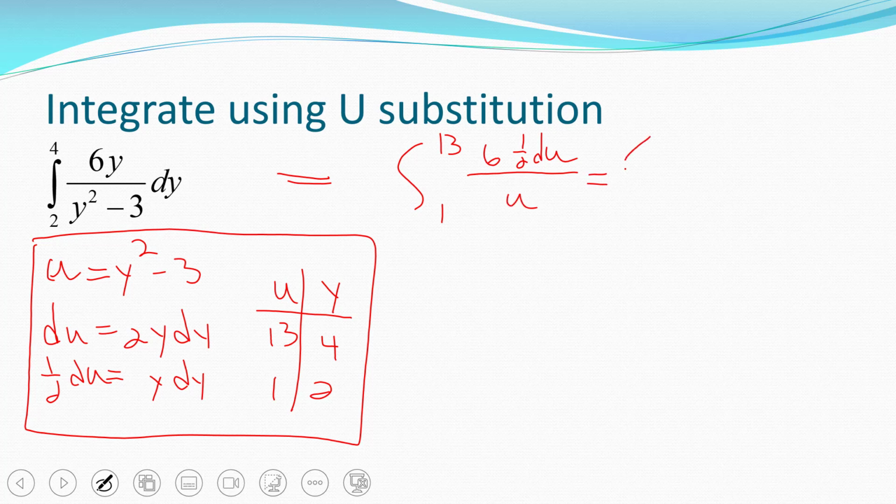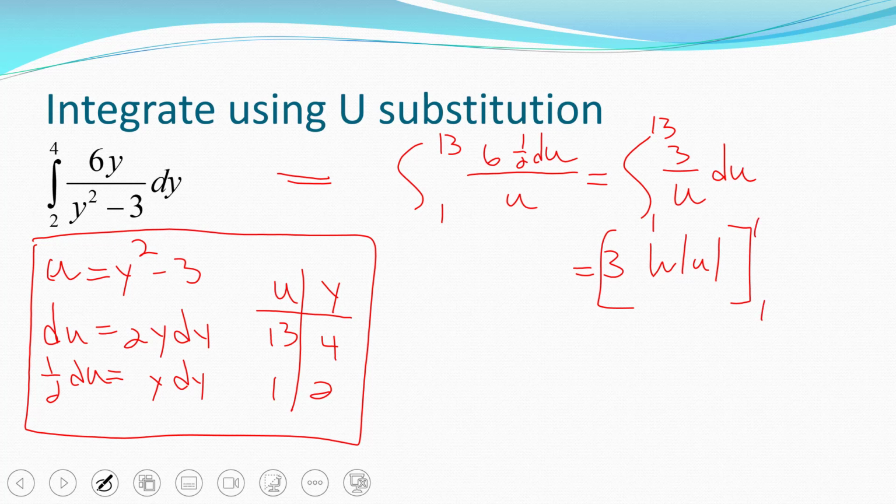That's the same as writing 3 over u du from 1 to 13. The constant 3 just comes out. You then integrate 1 over u in terms of u, which is the natural log absolute value of u. Here, though, we don't put plus c because we have bounds, so I'll evaluate it from 1 to 13.